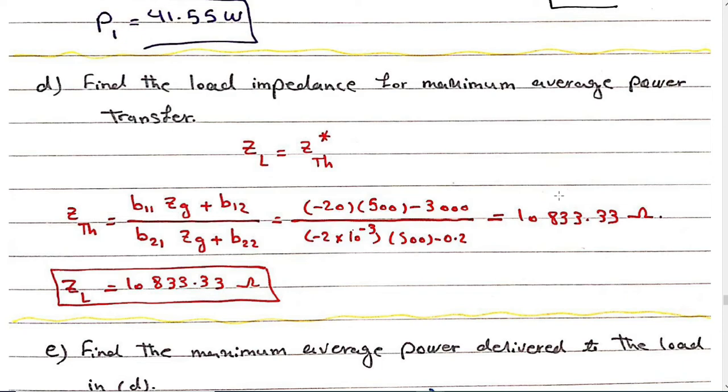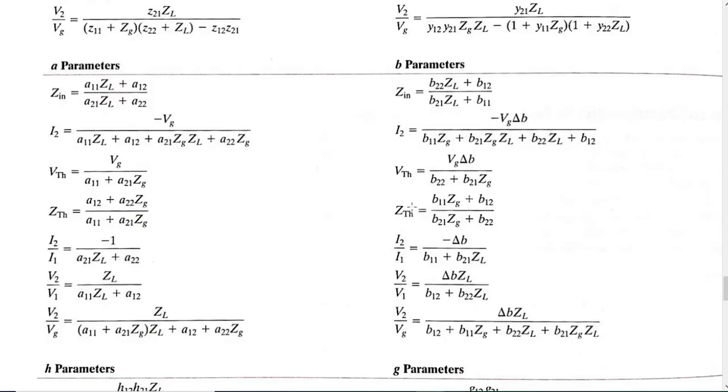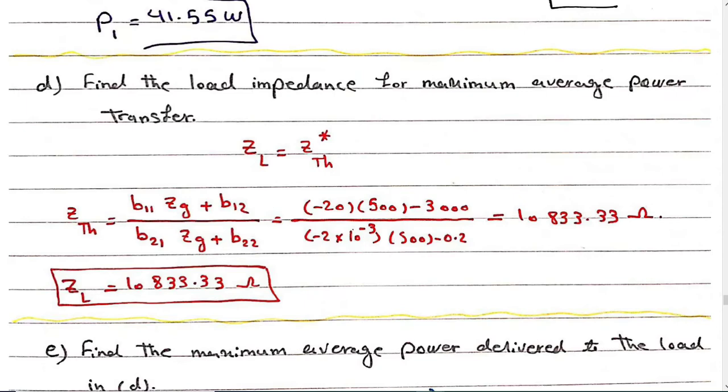But now, for this circuit, what is Z Thevenin? We have the equation over here. You have the value for ZG and the values for the different B parameters, so you can calculate Z Thevenin. So Z Thevenin is this much. That's why ZL will be this value.